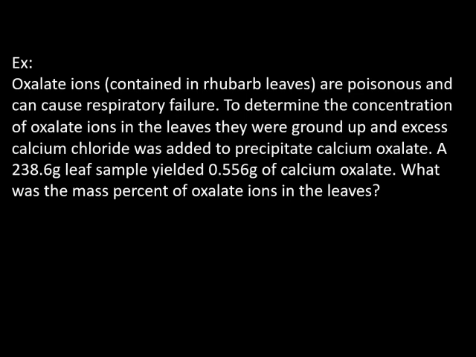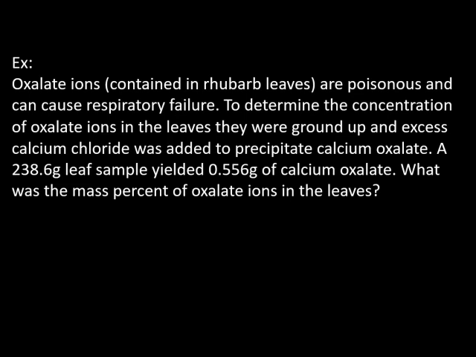Make sure that if you eat rhubarb, you eat only the stalks. They're fine. Okay, so here's the question. To determine the concentration of oxalate ions, you add ground up excess calcium chloride to a solution of the rhubarb leaves, and you get a precipitate of calcium oxalate.